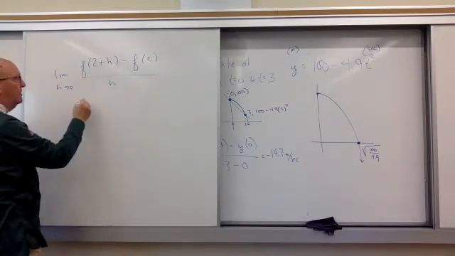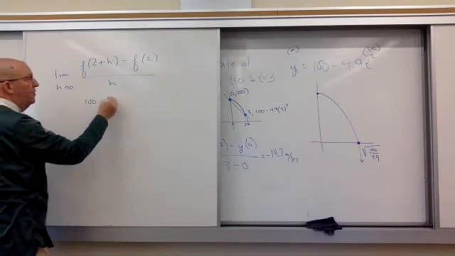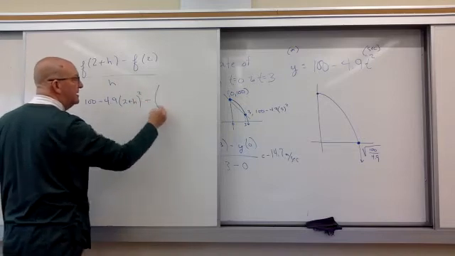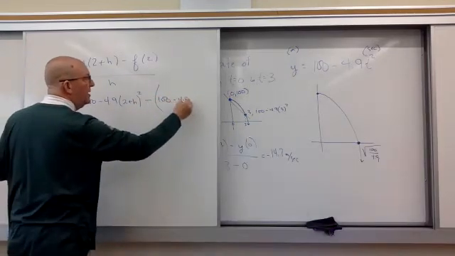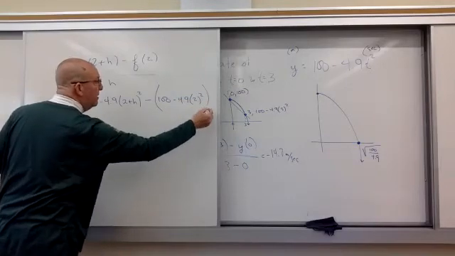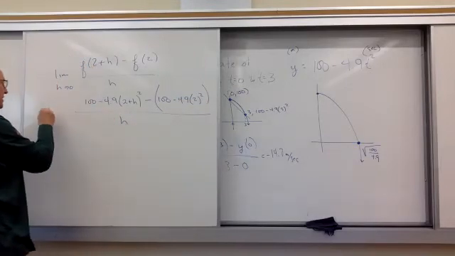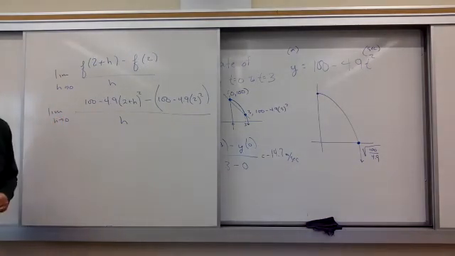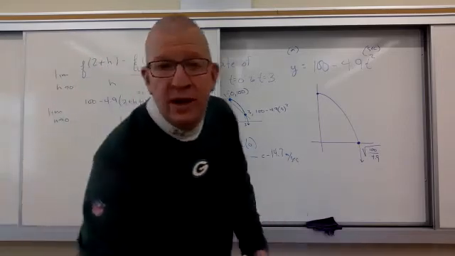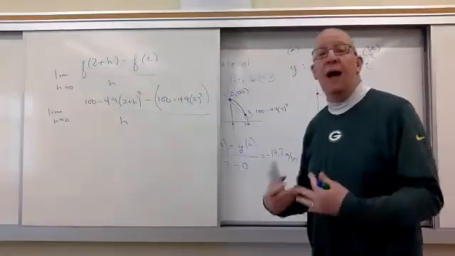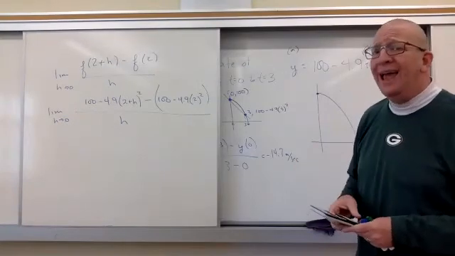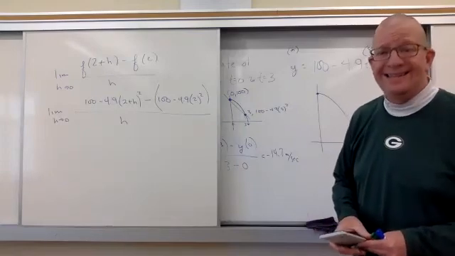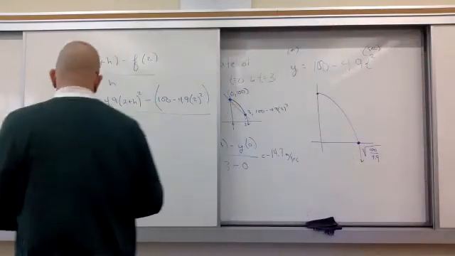There it is right there: 100 minus 4.9 times (2 plus h) squared, minus (100 minus 4.9 times 2 squared), all over h. And now we just grind this out. There's no secret here or anything. But something pretty cool is going to happen in the end. Things are going to cancel away, and this is going to simplify nicely. So let's go ahead and do it.